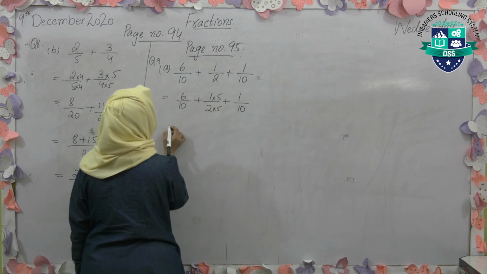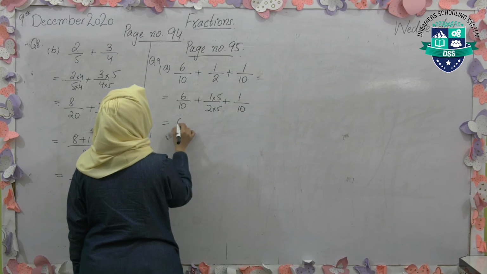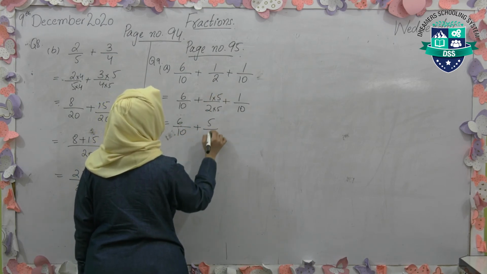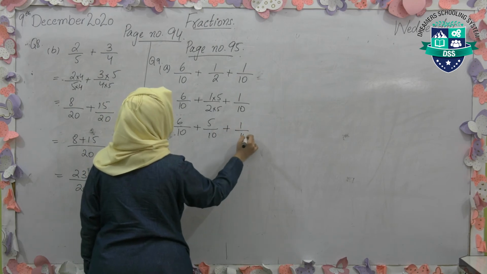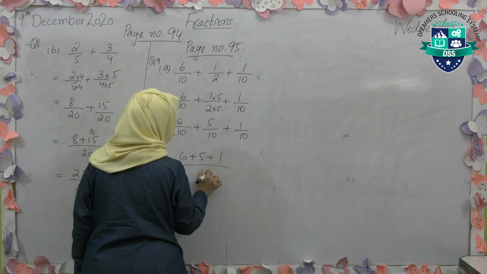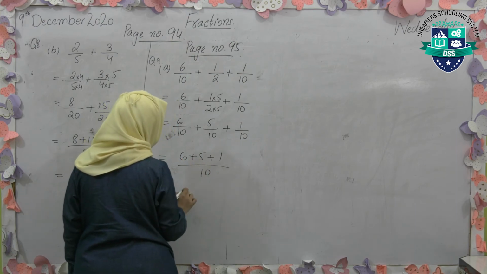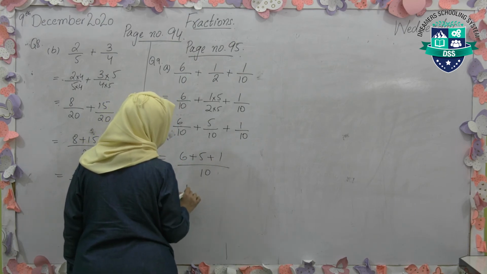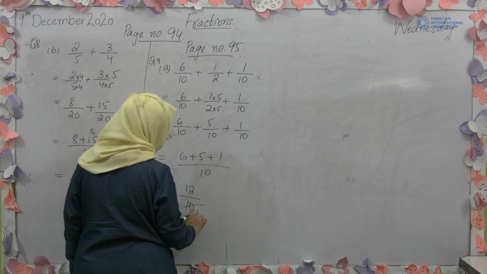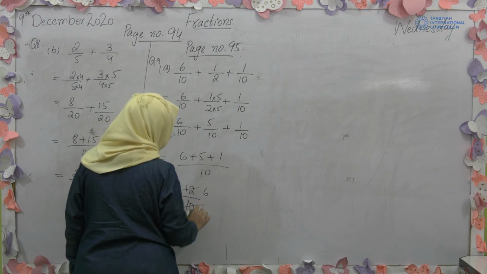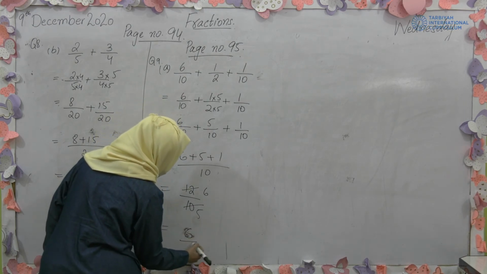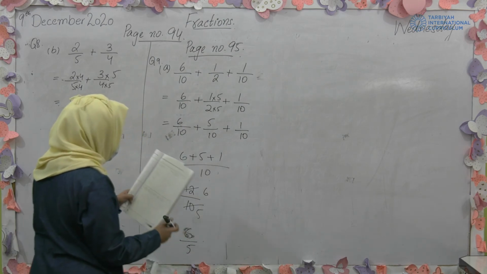We have to multiply the same number with the numerator. 6 by 10 plus 1 5s are 5, 2 5s are 10, plus 1 by 10. 6 plus 5 plus 1 by 10. 6 plus 5 plus 1 is equal to 12 by 10. 2 5s are 10, 2 6s are 12. 6 by 5 is the answer.